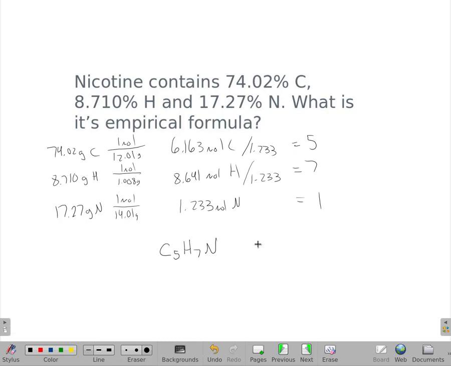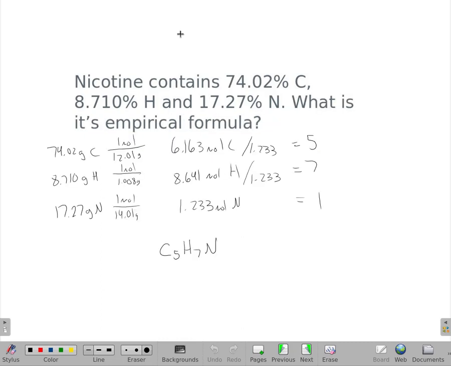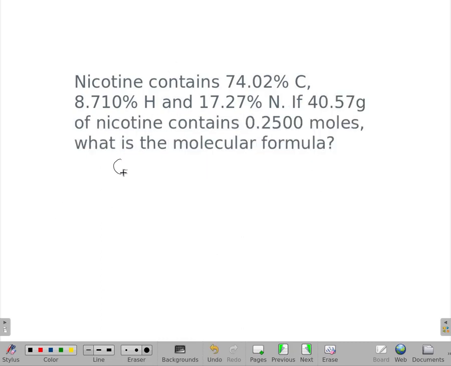All right, now knowing that, can we use this information to get the molecular formula? Well, we can. So our empirical formula, C5H7N, could be the molecular formula, but we know it's at least a multiple of this. So what we actually do to figure this out is we figure out how much this thing would actually weigh, figure out its molecular weight. We don't have to be super precise here, we just need to be close.